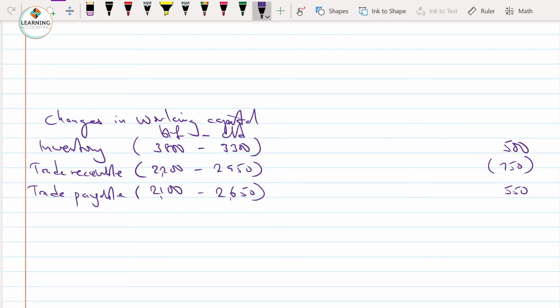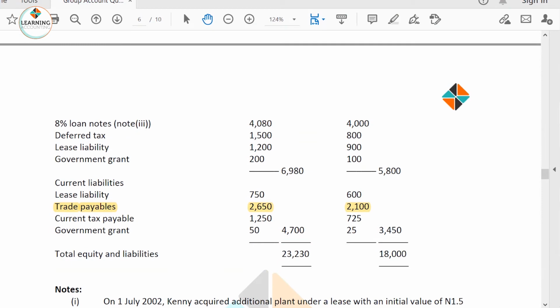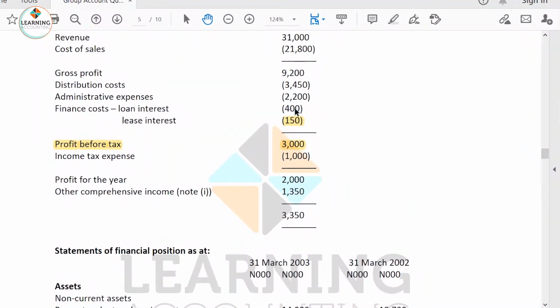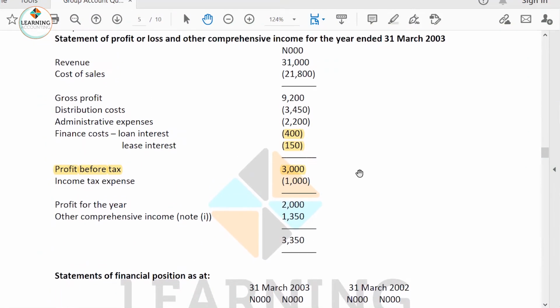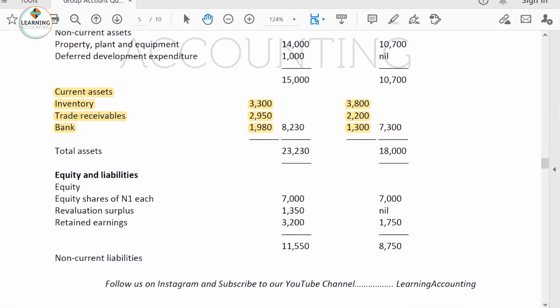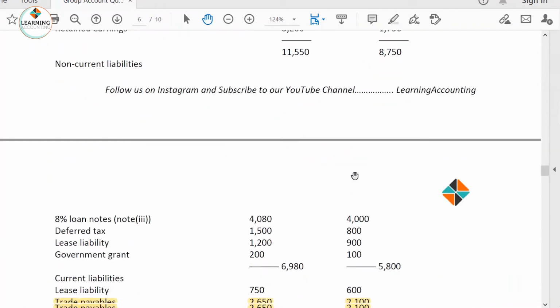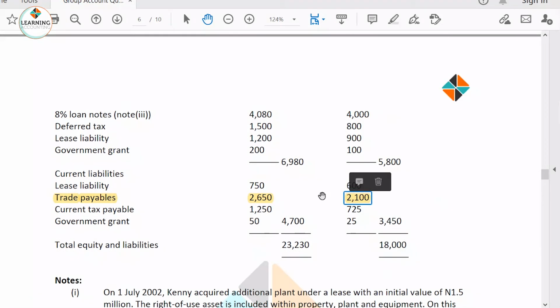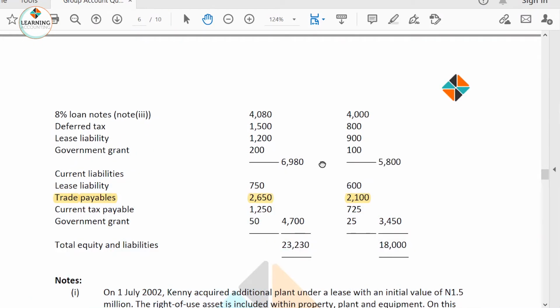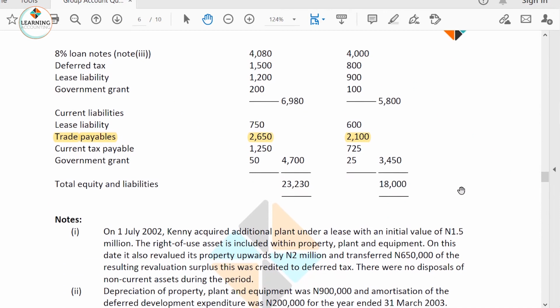So, if we come back to the question, we will see carefully that we have been able to pick up some information here in the profit order section. We left there and we went to the current assets section where we also picked up some information, and we finally picked up some information in the current liability section. Now this we've done has made our work easy for us because we are able to at least pick up some relevant information as regarding to the question.